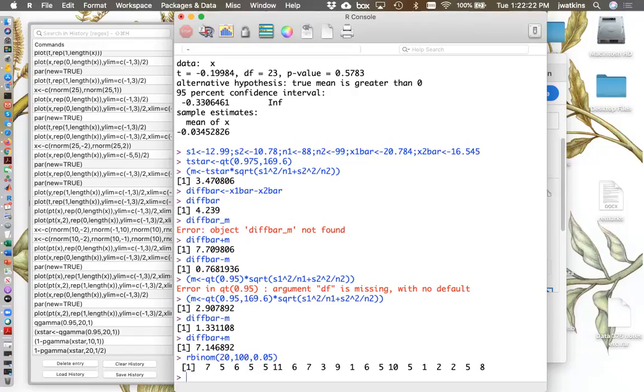I didn't say this out loud. The number of winners is Poisson with parameter 3. So I just gave them this command. Let's see, 1 to 7.